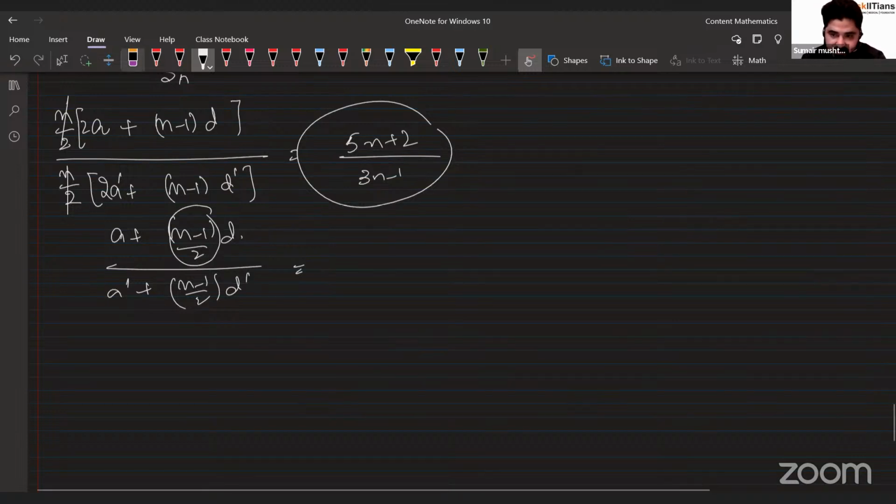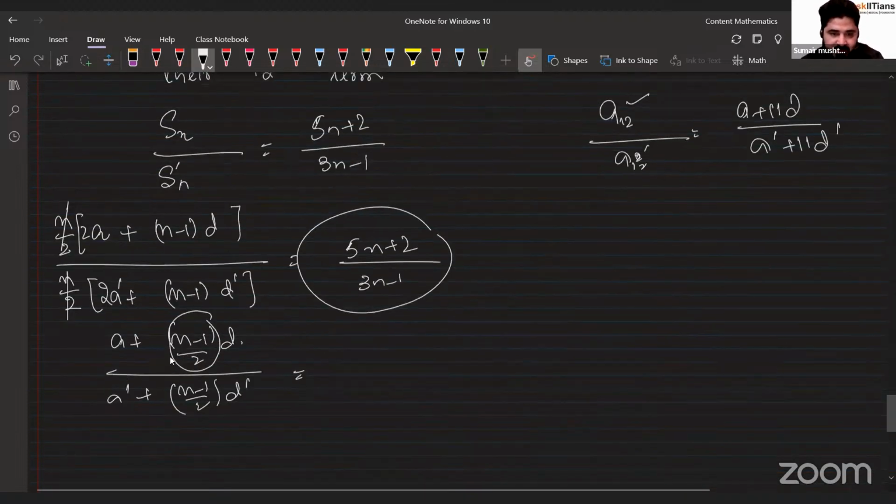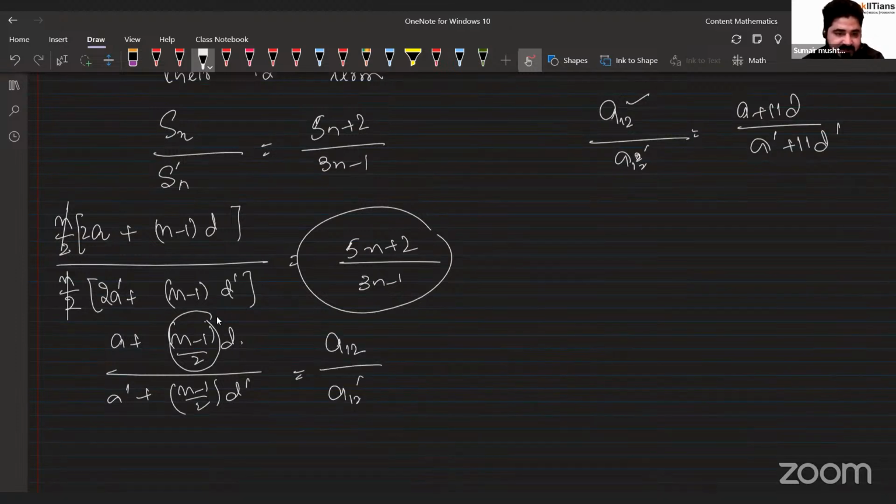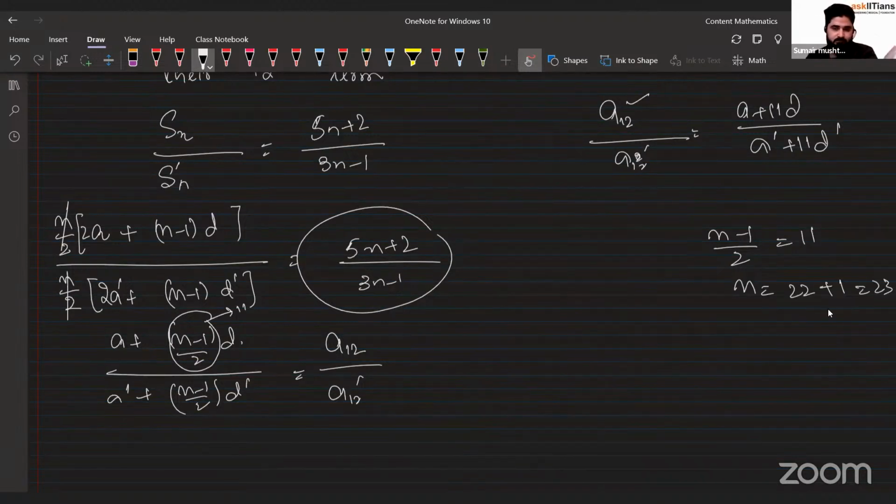Then this becomes A12 and A12 dash. So n minus 1 upon 2 should be equal to 11. So n is equal to 22 plus 1, that is 23. Isn't it?